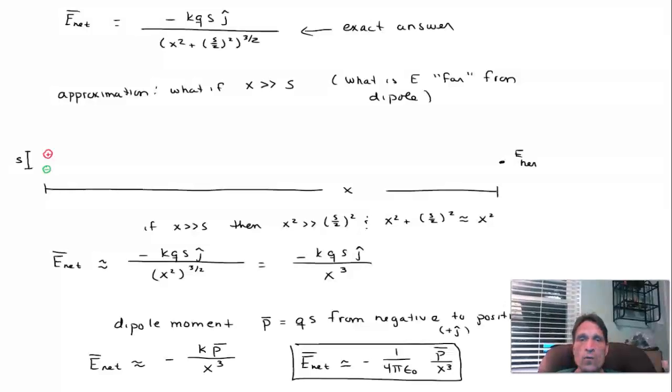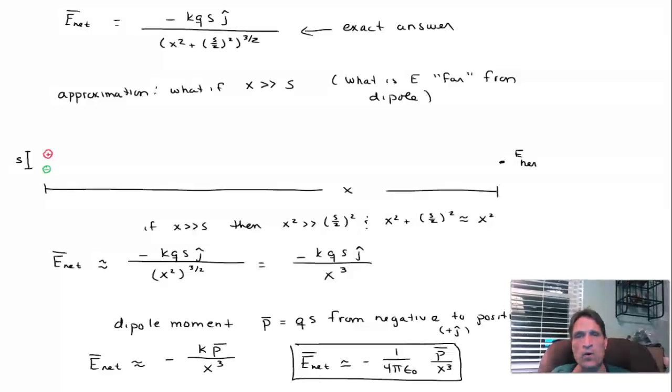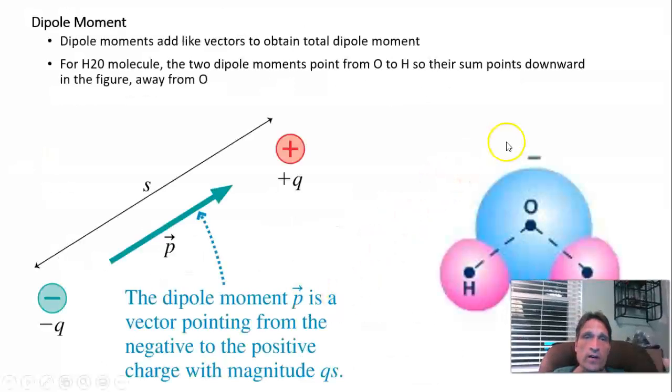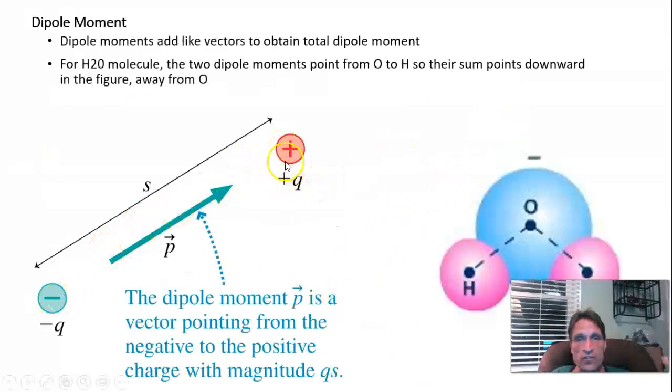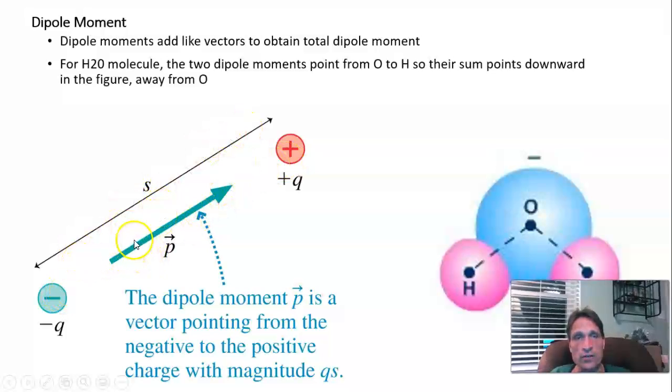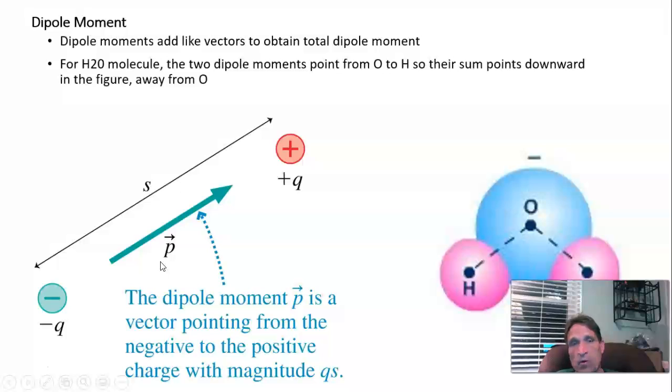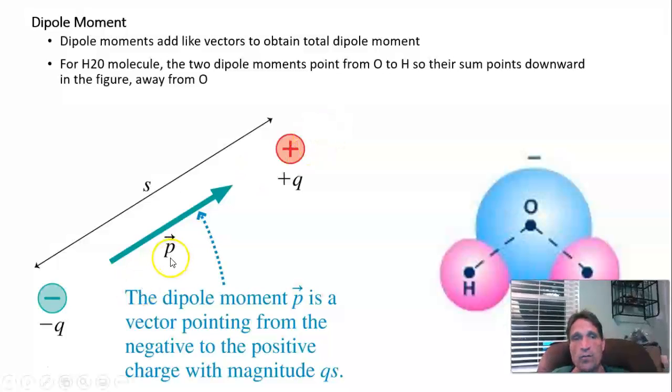Now, usually what we'll do is use what's called a dipole moment. You chemists might have heard of this. We define the dipole moment as the charge q, the magnitude of each of these charges, times the distance s. So the product of the charge q and the separation s, we call that the dipole moment, and it is written as p, and it's a vector.